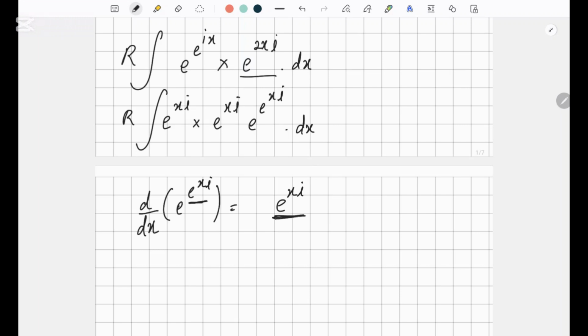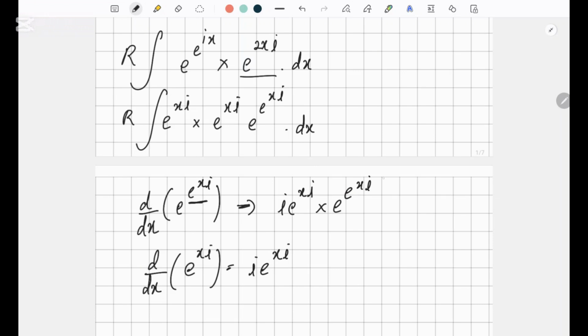So the differentiation of this, i comes down. If I'm differentiating e to the power xi, this would be i e to the power xi, right? So then this would be i e to the power xi into e to the power xi, right?